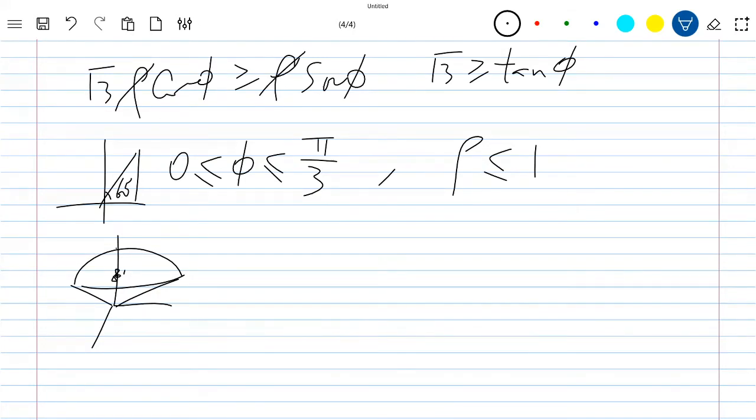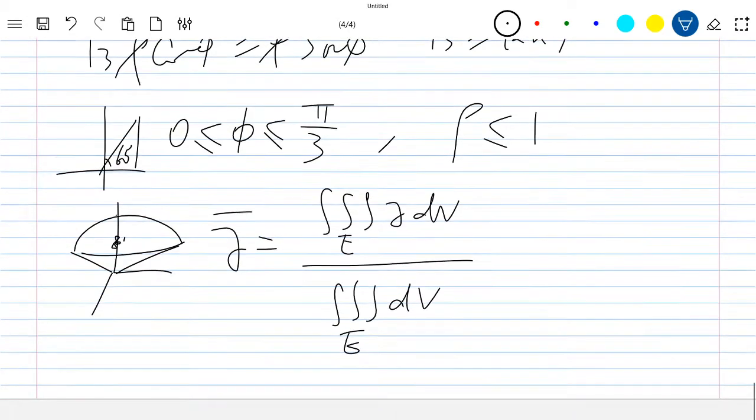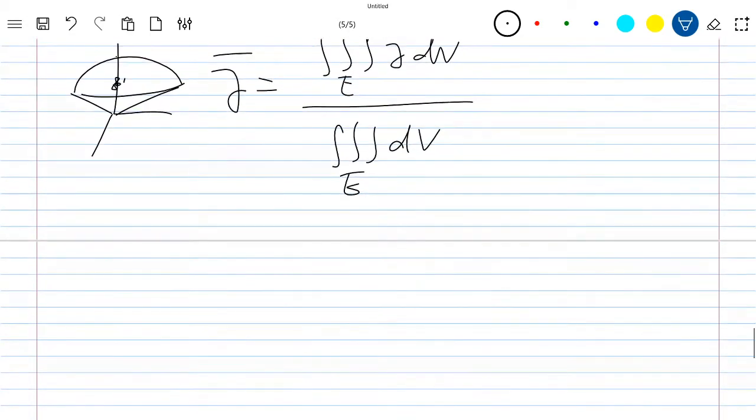And so let's say, what is the z bar? It's the integration of z dv over that domain, over that volume, right? So let's find out the denominator first. The volume, okay, what is that?